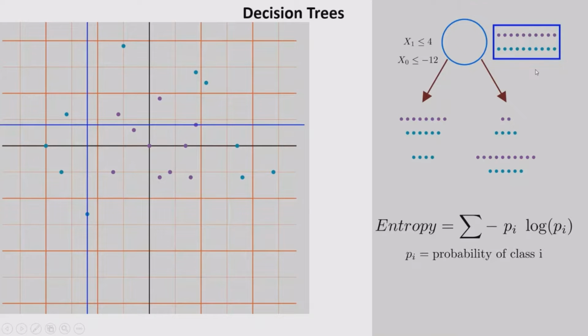If my probability is 0.5, then for the purple dots, I get minus 0.5 times log of 0.5. Now this summation I expanded, so there is another plus term, and then for the blue dots, I get again minus 0.5 times log of 0.5.